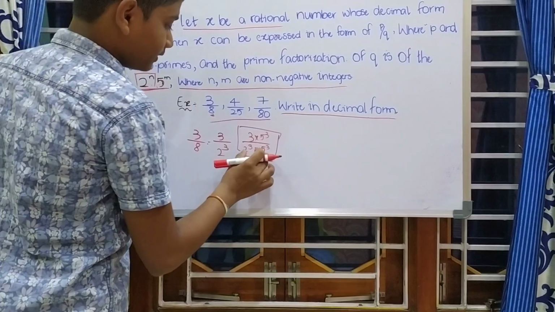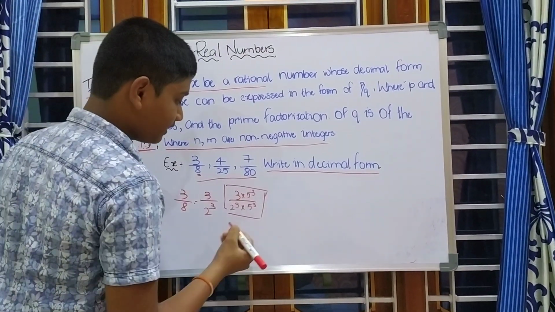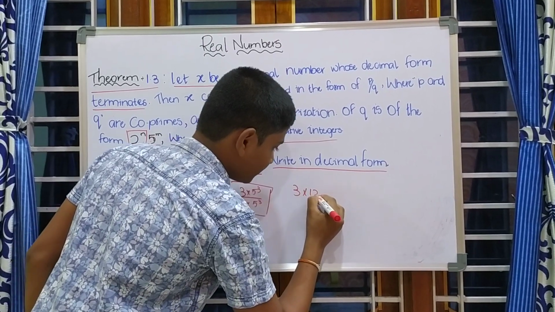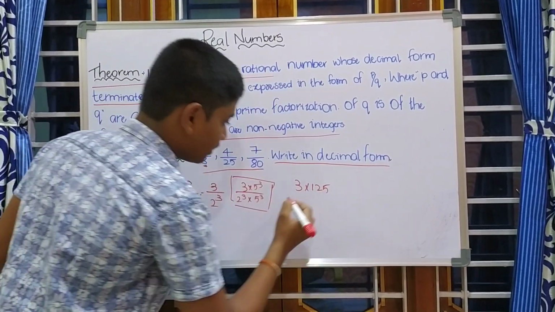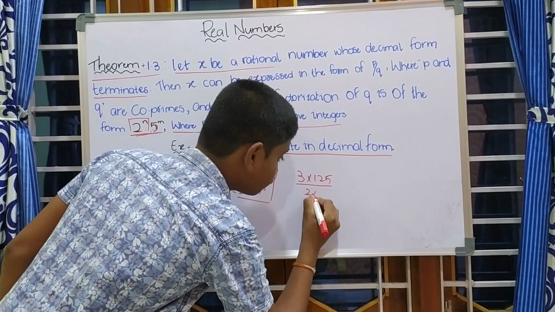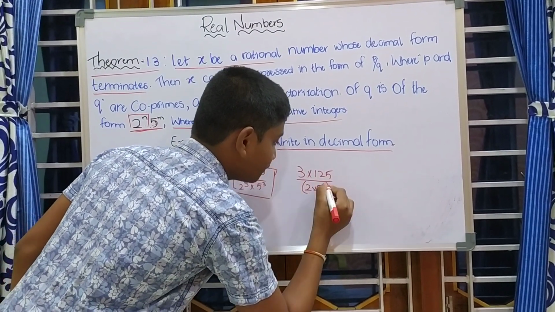Okay, now here the powers are equal. So 3 into 125, 5 cube is 125, by 2 into 5 whole cube.